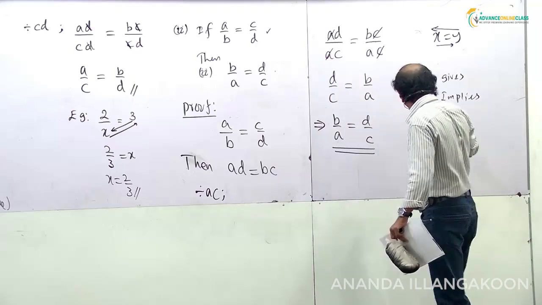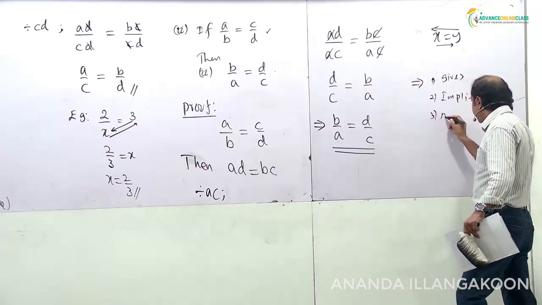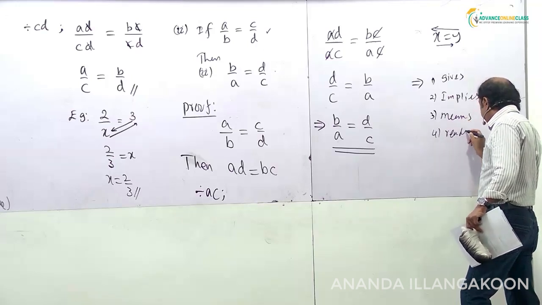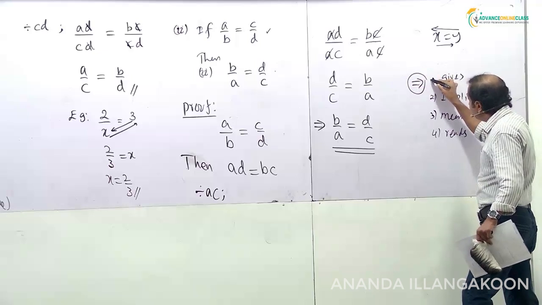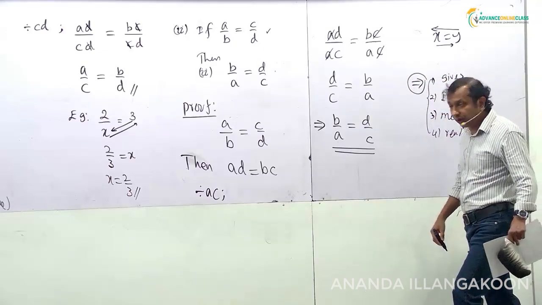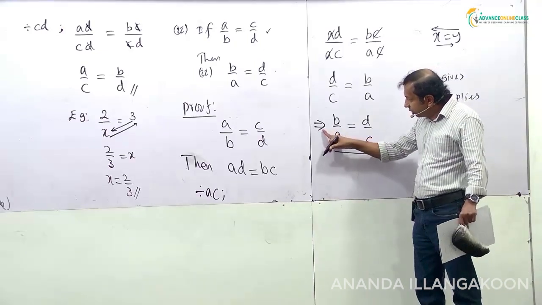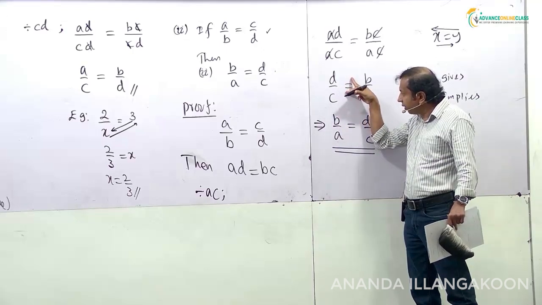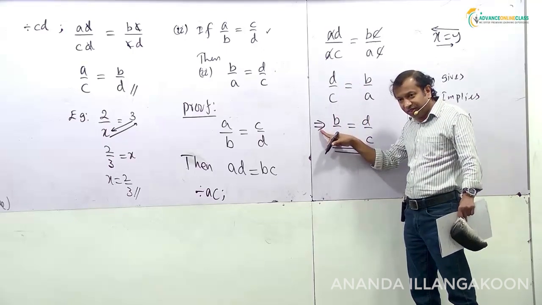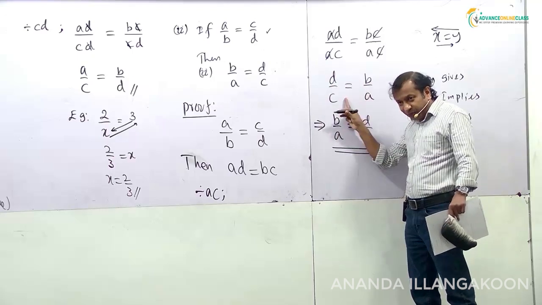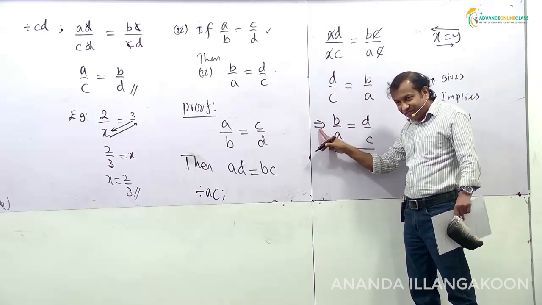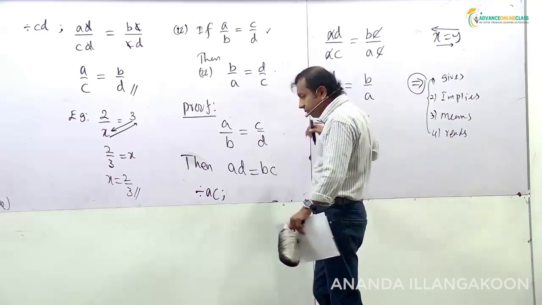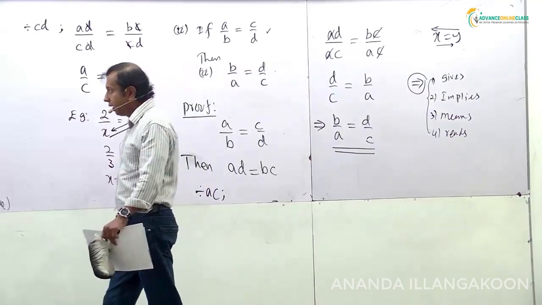Third one is means. And fourth one, reads. So this symbol has one of these four meanings. If I put this, it means this proportion gives us this thing. That's how we use this symbol. Write that down now.